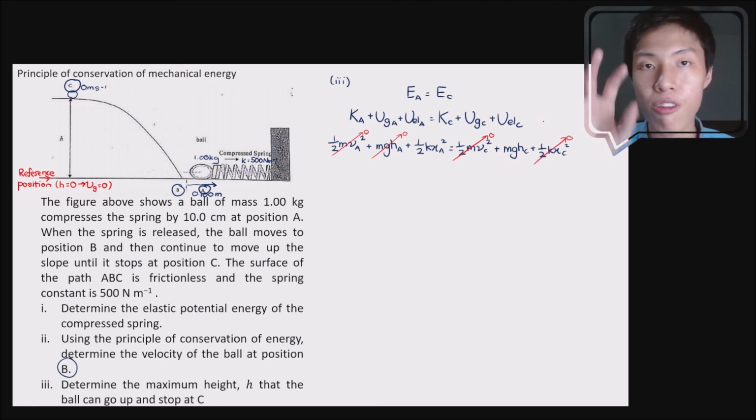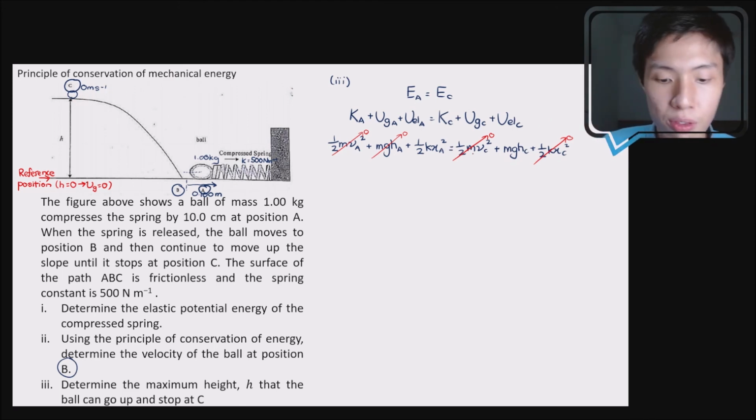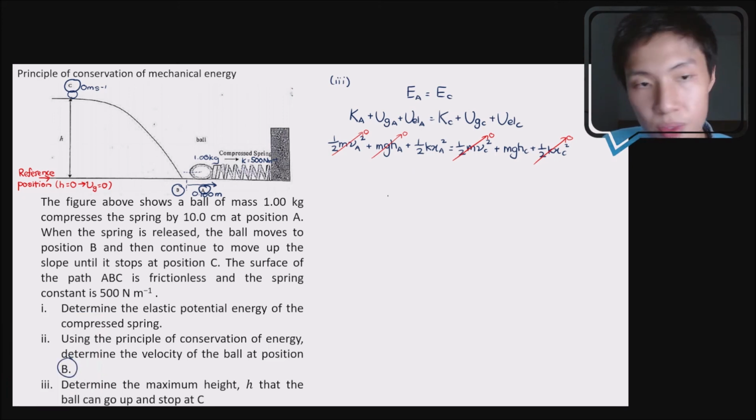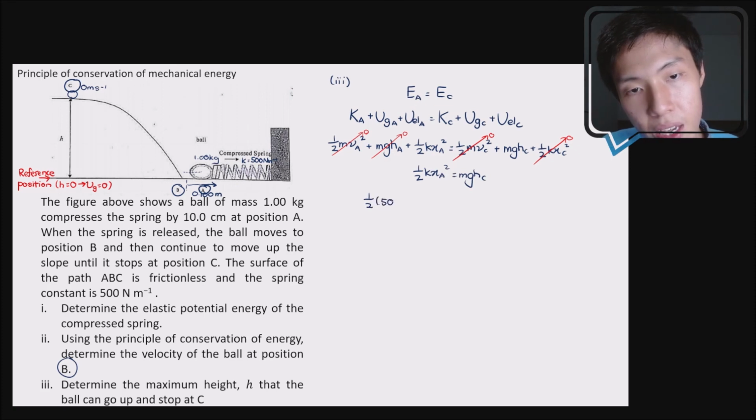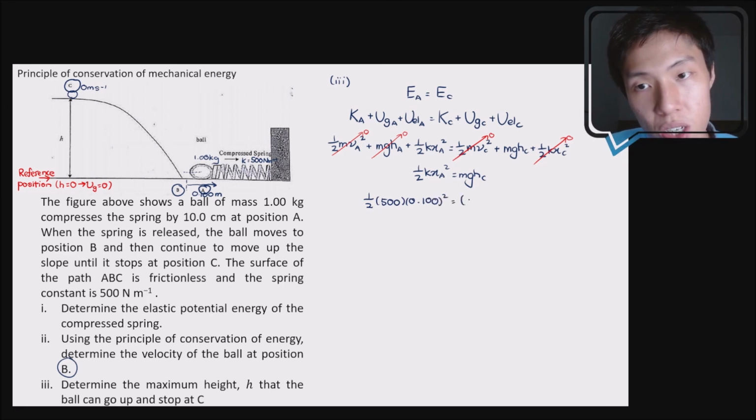So now we are left with one term for both sides. For the left hand side, you have your elastic potential energy. For your right hand side, you have your gravitational potential energy. So let's write all these things down and do our substitution. Half k times 0.100 squared equals mgh, the mass of the ball is 1 kg, acceleration due to gravity 9.81, and the height is what we are interested to find.